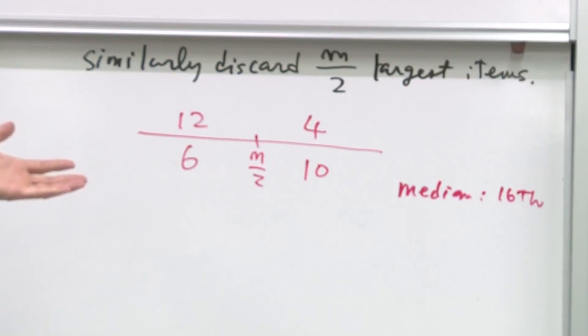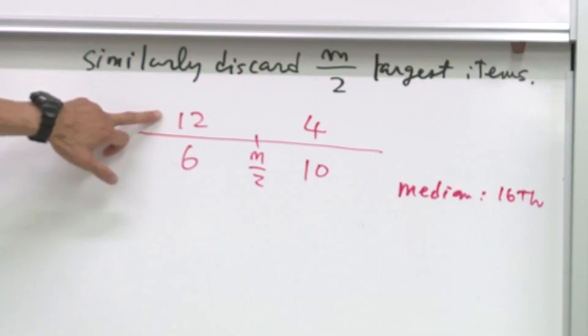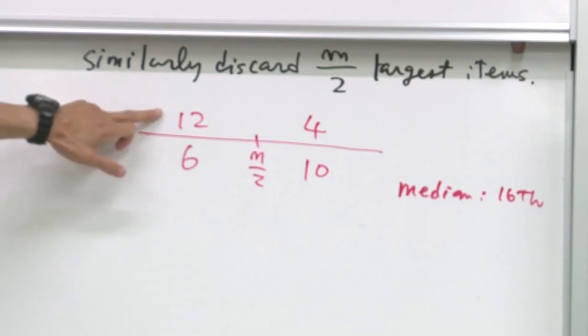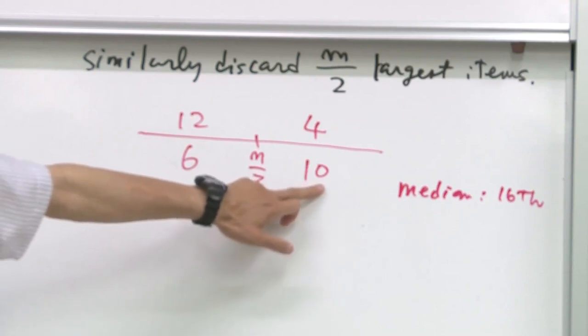So due to our definition, the median is the 16th largest. What I'm saying is Alice can discard the smallest 8 numbers from here. Bob can discard the largest 8 numbers from here.